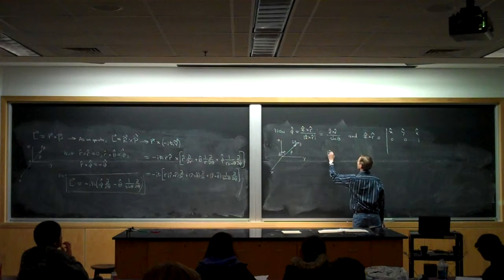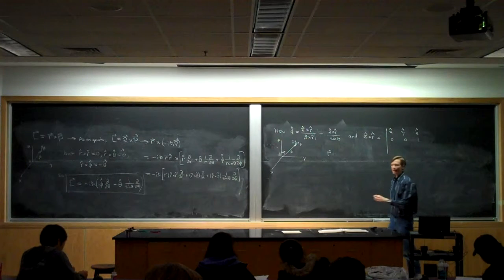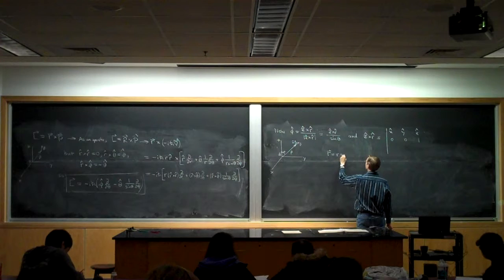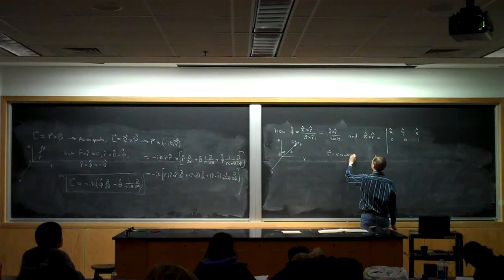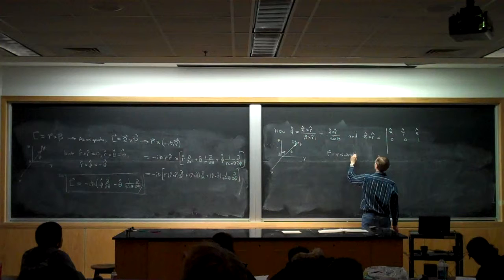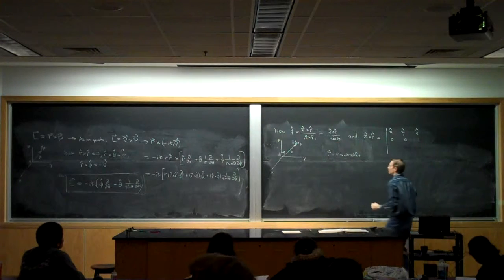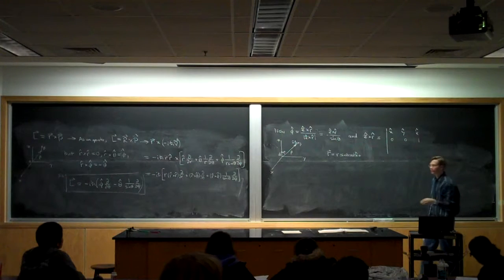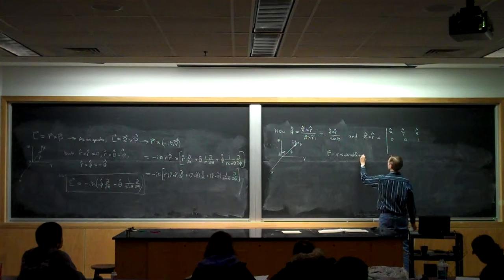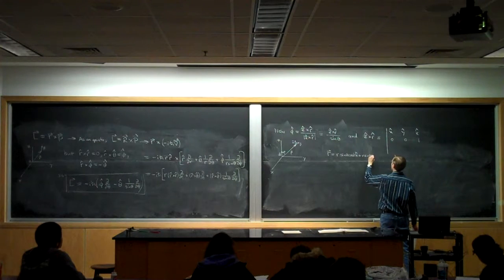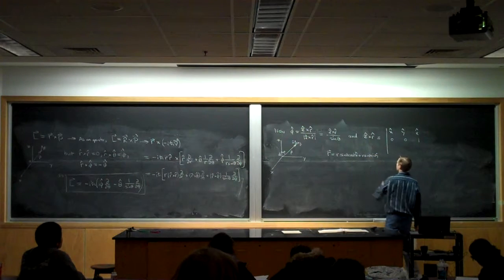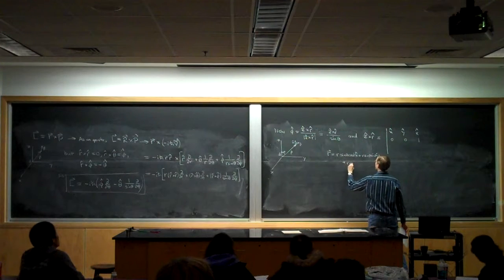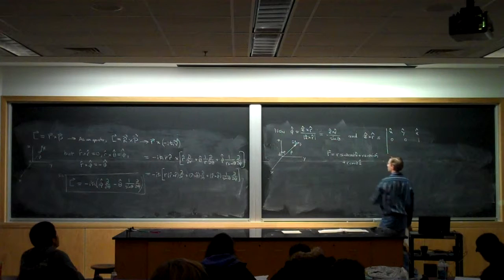Remember, the position vector r has x component r sine theta cos phi x hat. And what is the y component of the position vector r? Sine theta sine phi. So we got r sine theta sine phi y hat. And what's the z component? Plus r cos theta z hat.